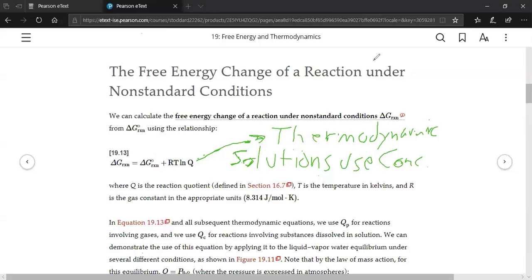You can't do that with the thermodynamic Q or the thermodynamic K. If they're gases, you have to represent the amount of the gas as a pressure. So in the thermodynamic Q and the thermodynamic K, solutions still use concentrations, but anytime there's a gas, gases use pressure.